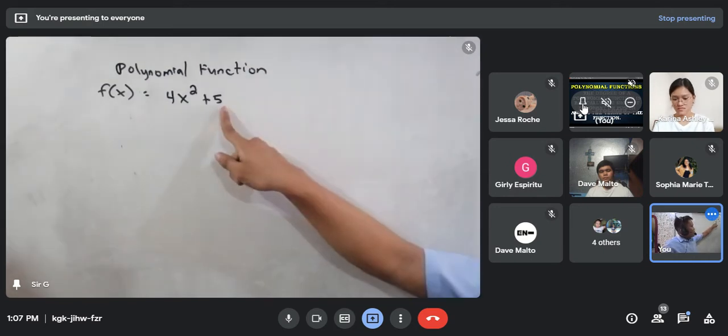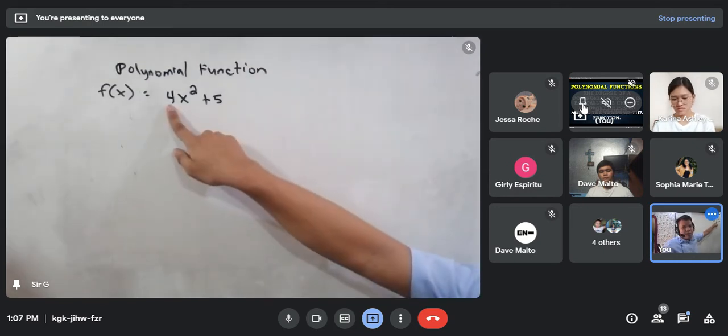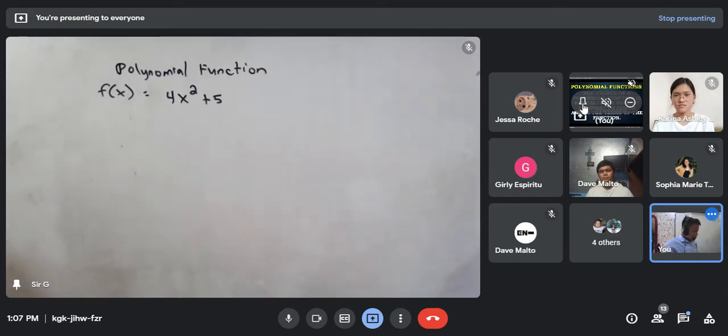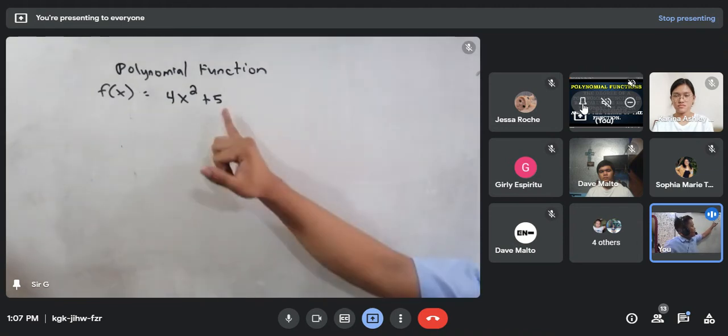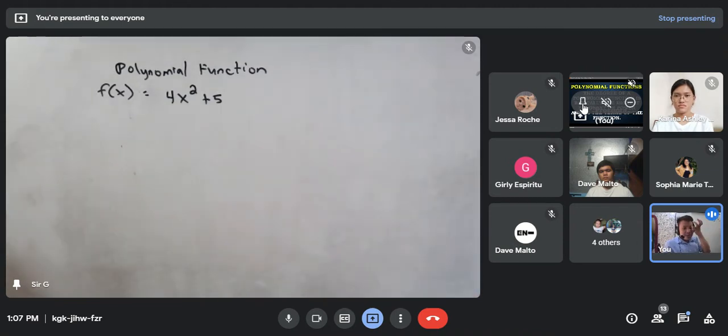Kung constant yung 5, ano tawag sa 4? Constant rin ba ang tawag sa kanya? Sabi ko nga sa inyo, when we say constant, wala po siyang kasamang variable. Constant, just a whole number. Yan po yung constant.